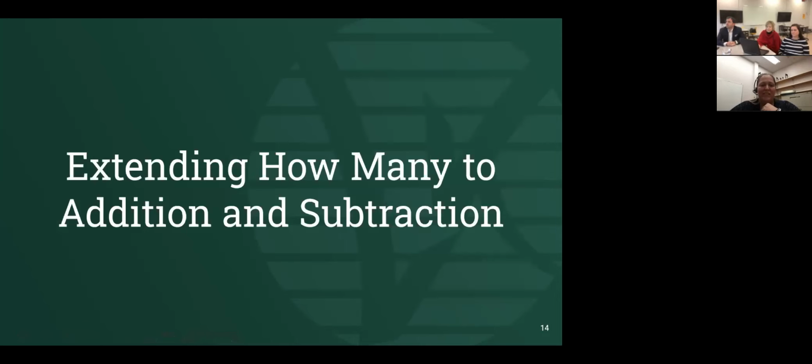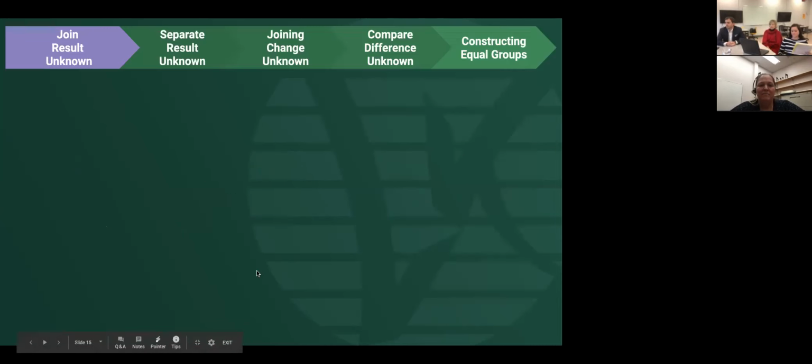All right, so we're going to look first at how to use these extending how many situations to addition and subtraction. We have this little graphic at the top to help us remember which type of problem we're working towards.